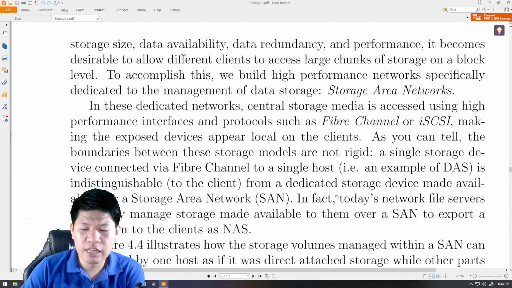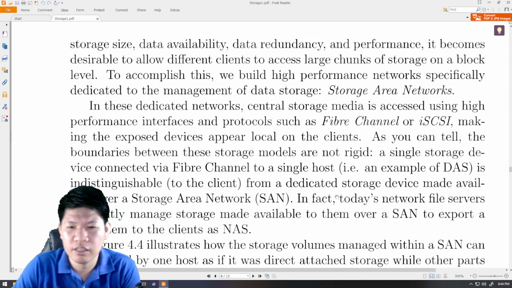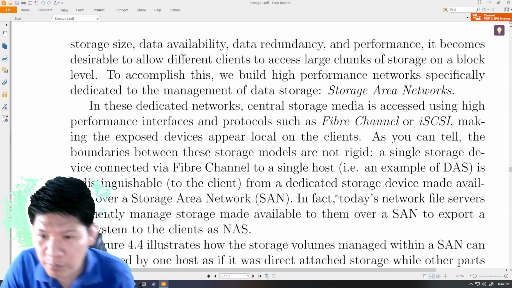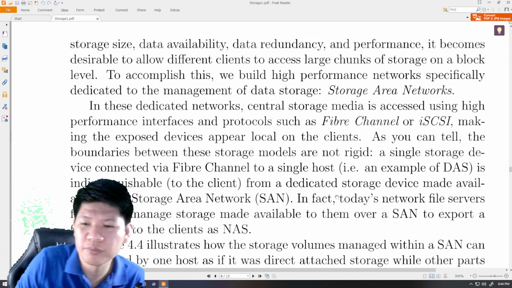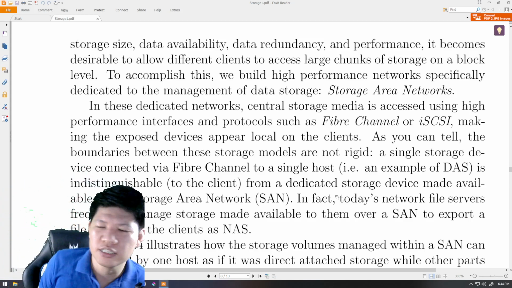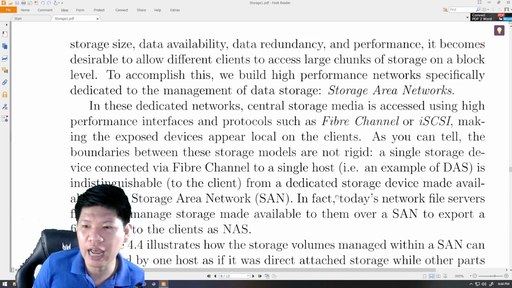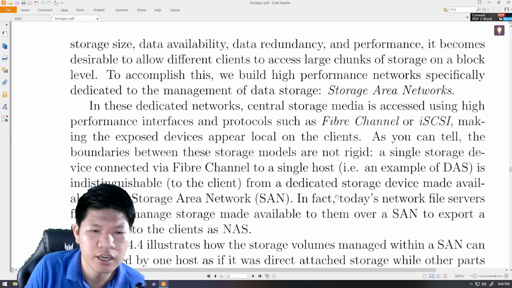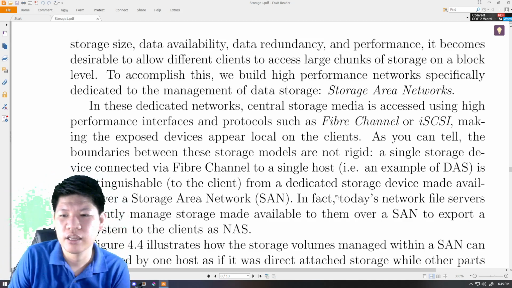So this is not just common gigabit ethernet. It's gigabit, but it is using fiber optic cables or sometimes iSCSI, making the exposed device appear local on the client.